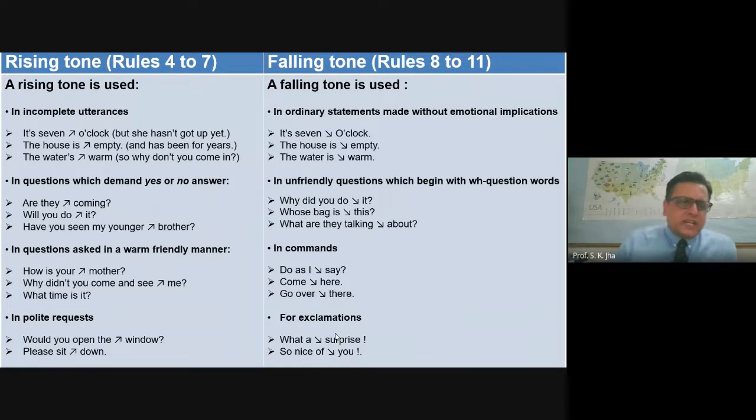Then you have the second condition, in questions. You can use rising tone in questions which demand a yes or no answer. Are they coming? Will you do it? You see, I have used this upward arrow just to show rising tone. Have you seen my younger brother?